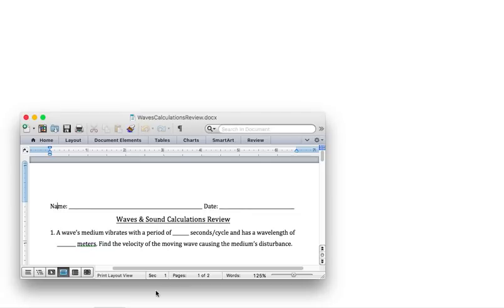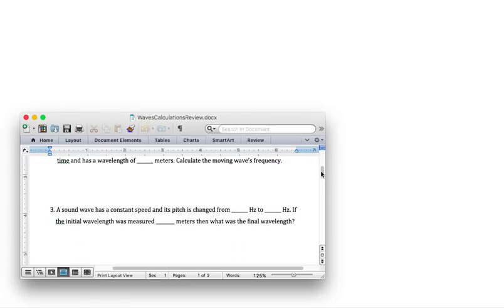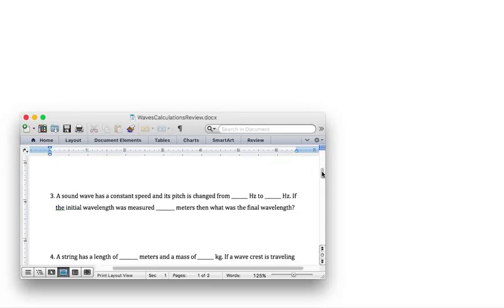Now the next one I want to do is number 3. Number 3 is a little bit trickier, so let's look at that. A sound wave has a constant speed, and its pitch is changed from some hertz to another.